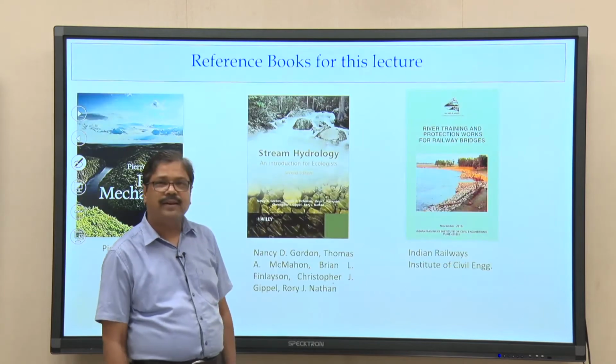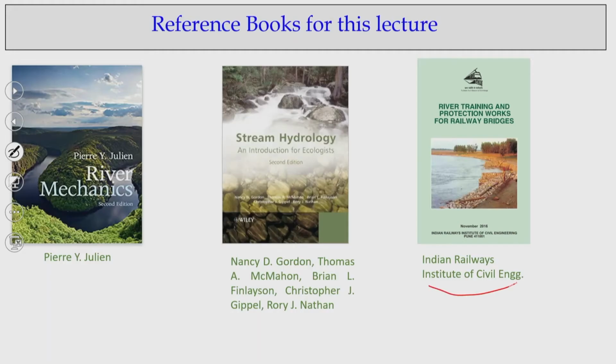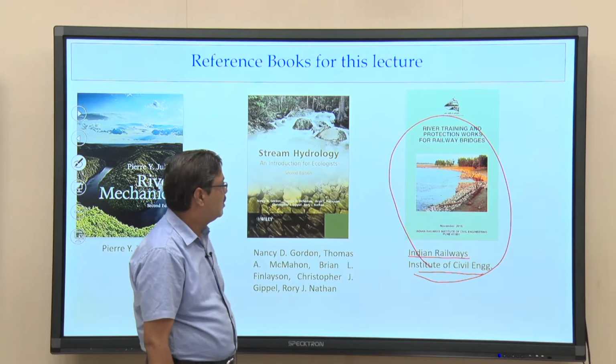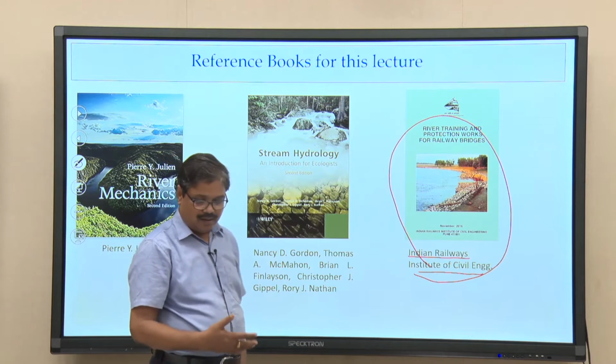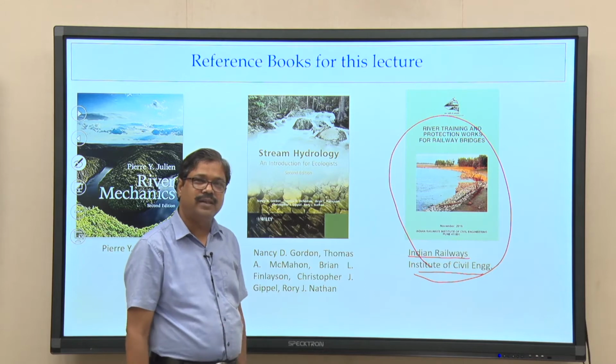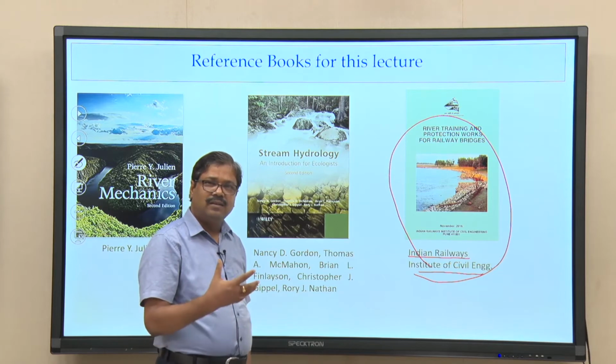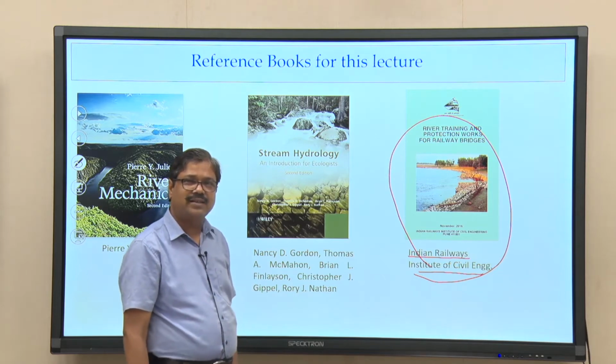So, if you look at the next part, it is very interesting that I have taken a new book, River Training and Protection Works for Railway Bridges by Indian Railways of the Institute of Civil Engineers, published in 2016. We will have some cross reference of this book about Indian knowledge about river equilibrium, river morphology, river characterization, and regionalization of river characterization.